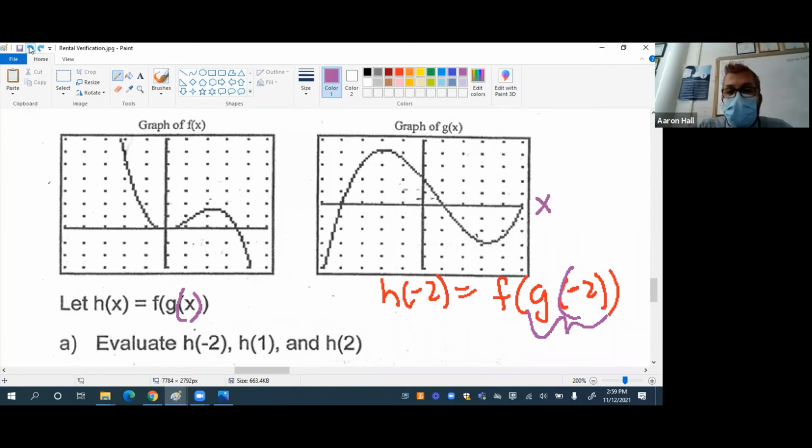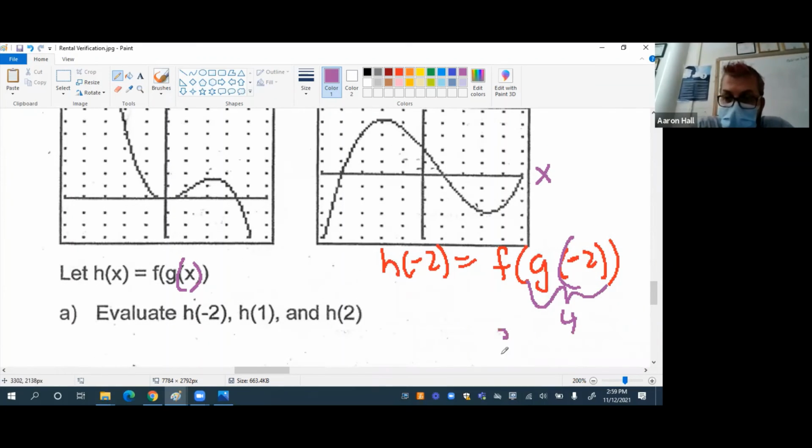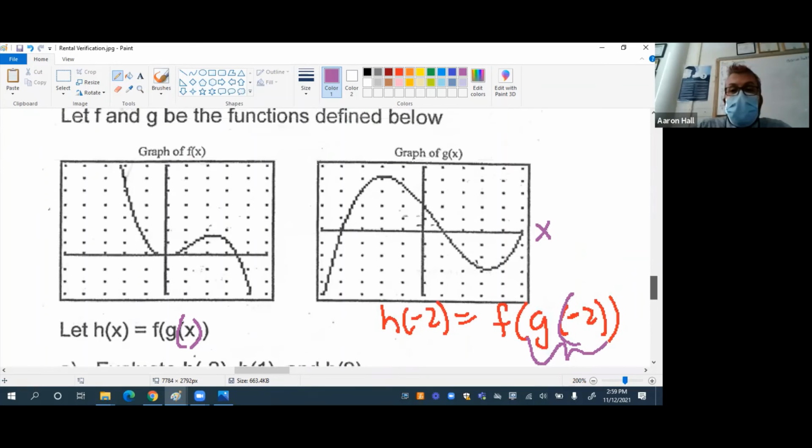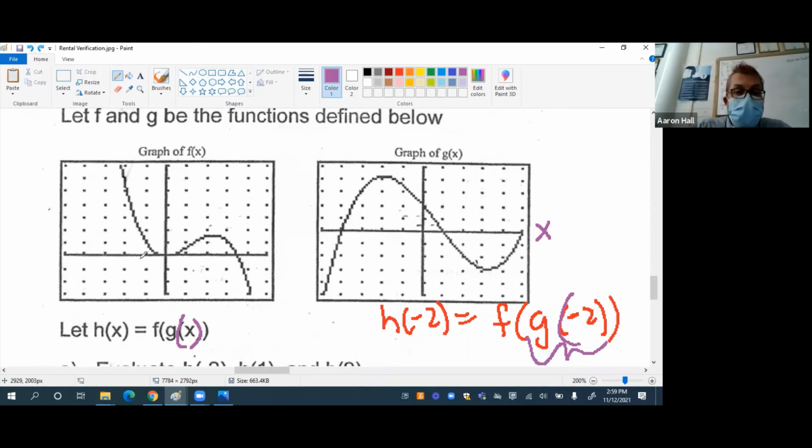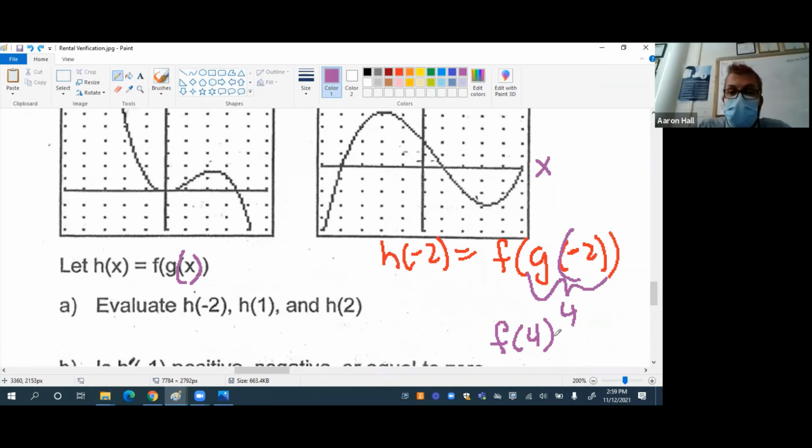So that means we then have f of 4. How do we find f of 4? Which function do I use, the first one or the second one? The first one, f of 4. 4 is my what?